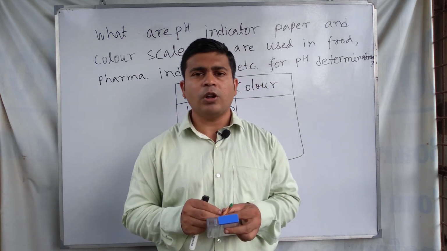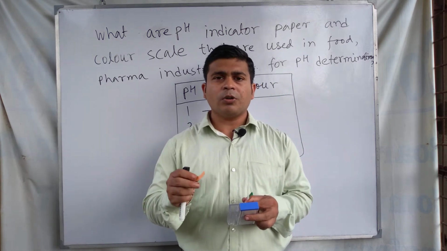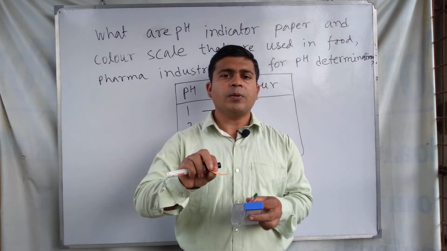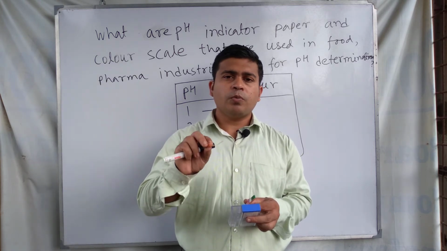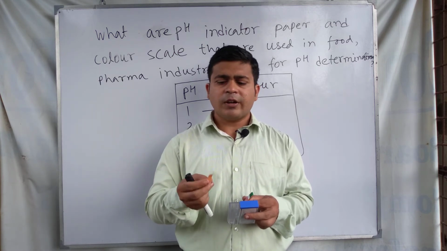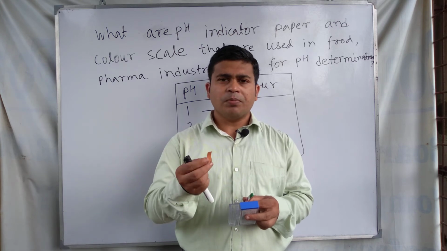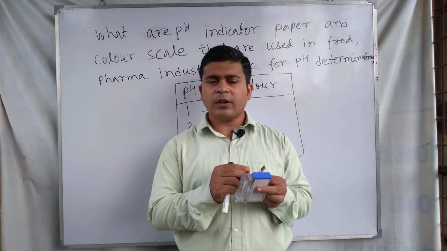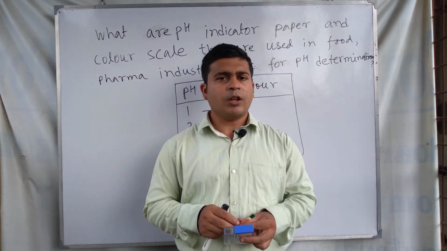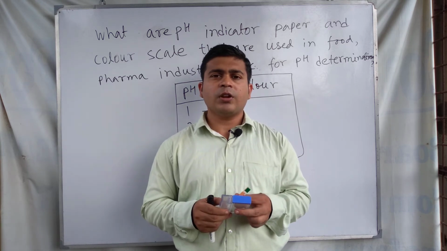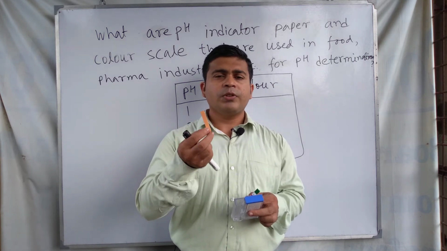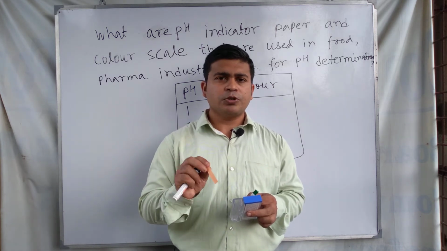If the substance is solid or highly viscous, you have to pour the substance onto the indicator, and after about 1 minute, you collect the paper strip and compare the color with the color scale to determine the pH. So this is the pH indicator paper and its color scale, used to determine the pH of solutions or substances.